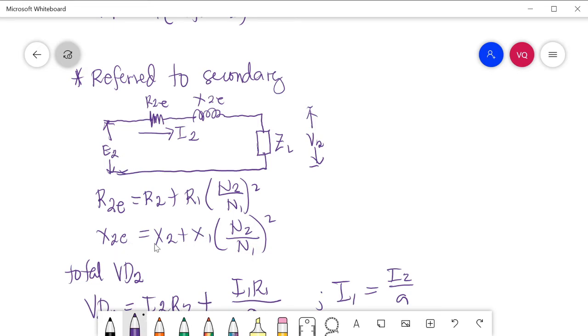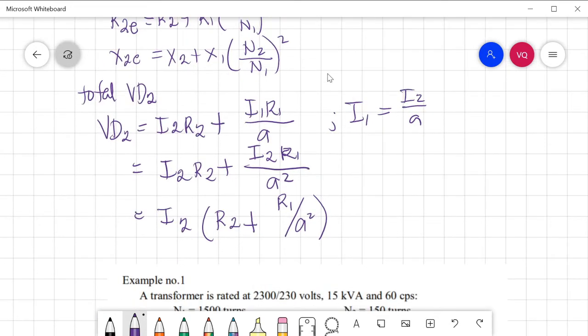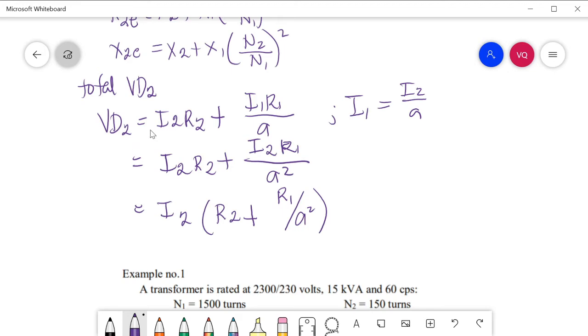X2E is equal to X2 plus X1 multiplied by N2 over N1 squared. Total voltage drop, we have I2 R2 plus I1 R1 over A. So I1 is I2 over A. So I2 R2 plus I2 R1 all over A squared. We will substitute this one here. Therefore, the voltage drop at secondary is equal to I2 times R2 plus R1 over A squared.